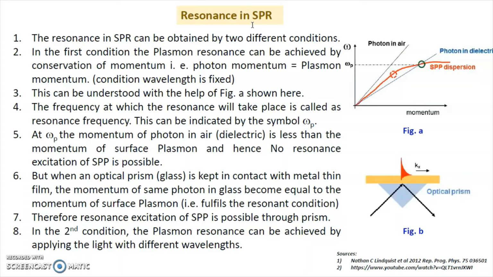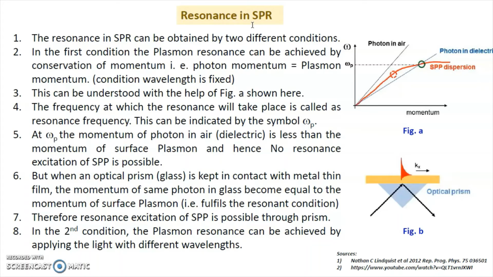And what is the second frequency? The frequency of plasmon, because plasmon is nothing but the collective oscillation of electrons. If the electron cloud is oscillating, it must oscillate with some frequency. That is called the frequency of the plasmons. So you have two types of frequency, that is the frequency of light and the frequency of the plasmon.